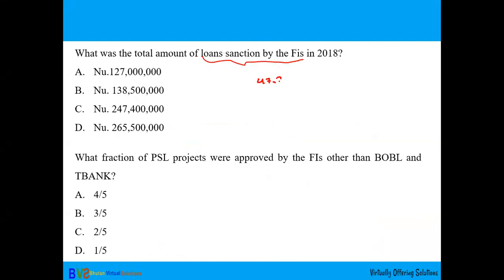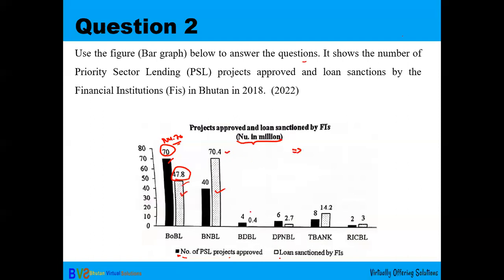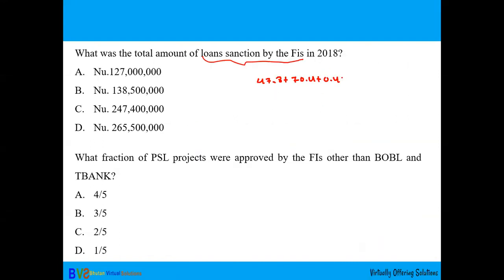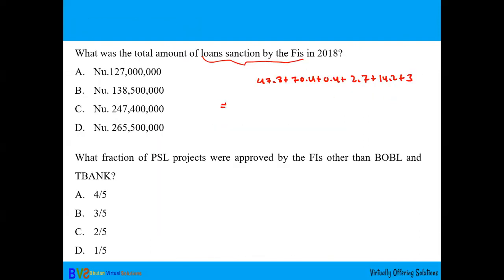47.8 plus 70.4, plus 0.4, plus 2.7, plus 14.2, plus 3.